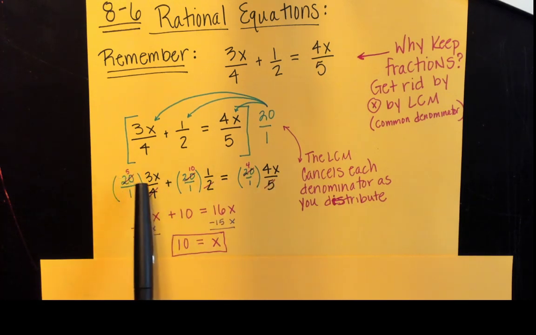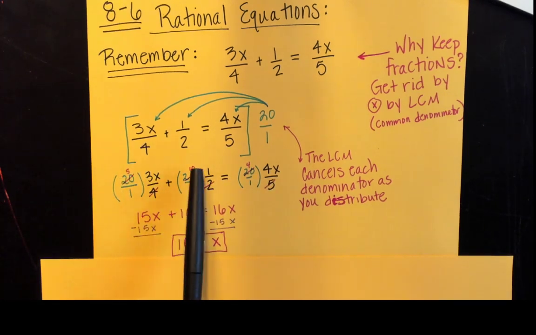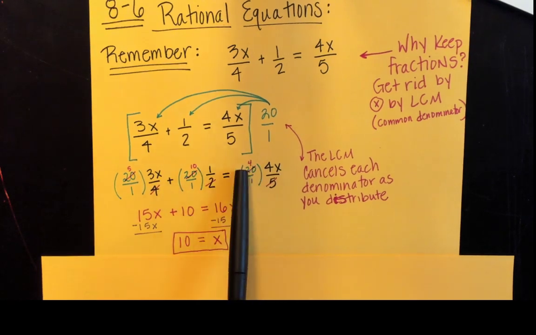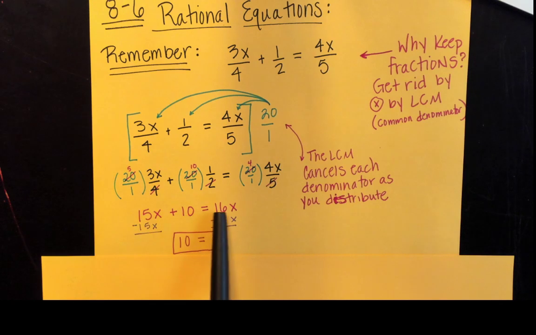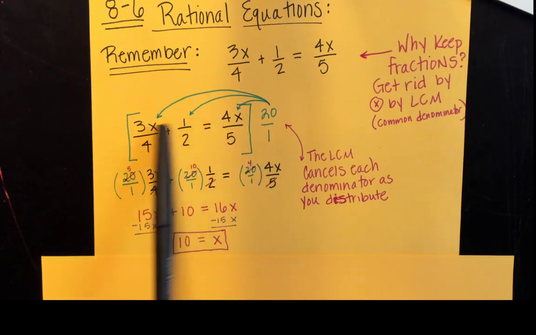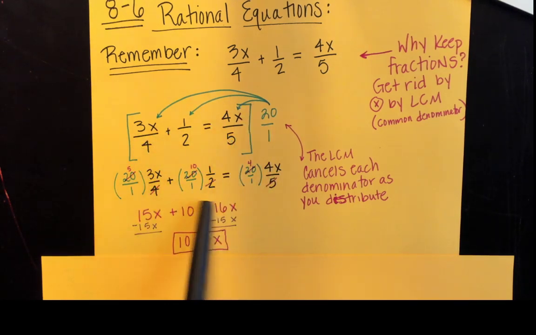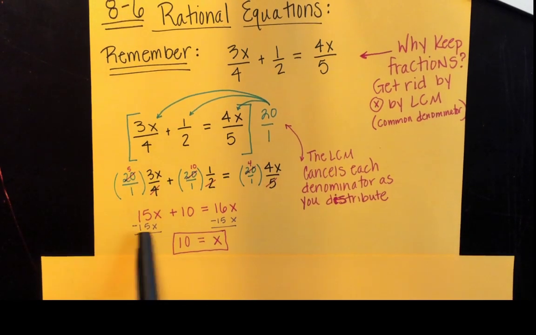What's on top is now 15x, plus 10, equals 16x. And so really now, all of this, with all these fractions, and this, 15x plus 10 equals 16x, those are equivalent. They're the exact same thing, just a lot easier to work with. And then we solve our equation the way we're supposed to.